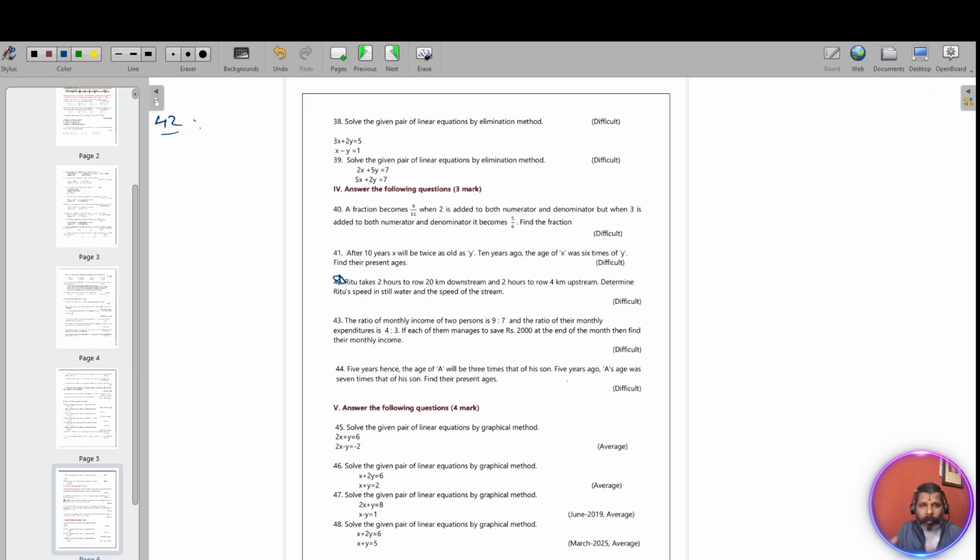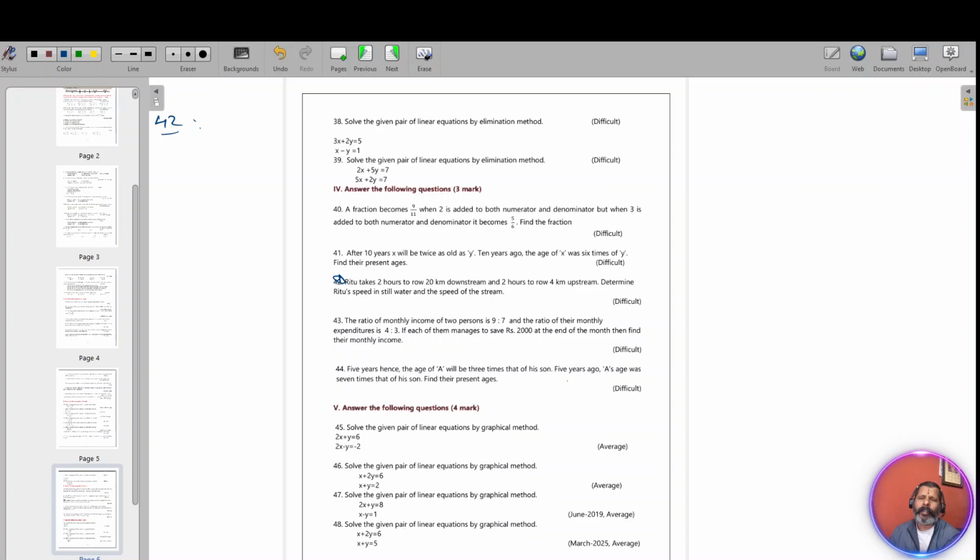You have to row with more power to go against the water flow. These terms are called downstream and upstream. Downstream means along with the water flow. Upstream means against the water flow. Okay, remember that, and we need that concept here.